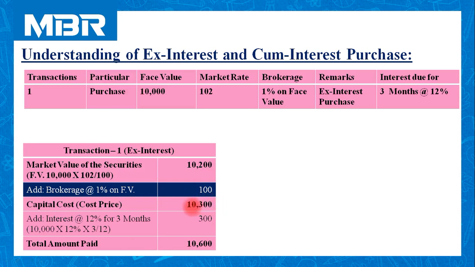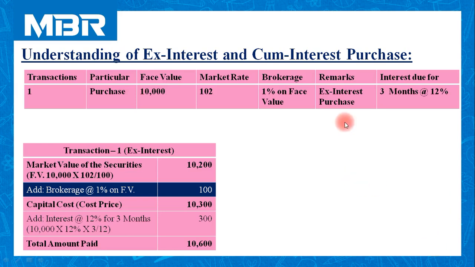But on this security, interest is due for the period of 3 months. इस सिक्योरिटीज पे 3 महीने का इंटरेस्ट अभी तक जमा हो चुका है, वो भी मुझे एक्स्ट्रा पे करना पड़ेगा। क्यों एक्स्ट्रा पे करना पड़ेगा? क्योंकि कंडीशन है एक्स इंटरेस्ट। सो 10,300 rupees for security, 300 rupees for interest. So total amount paid is 10,600.